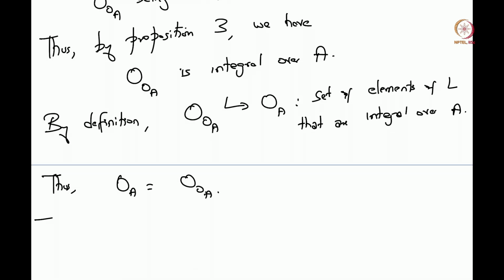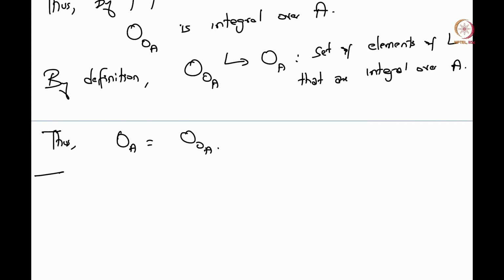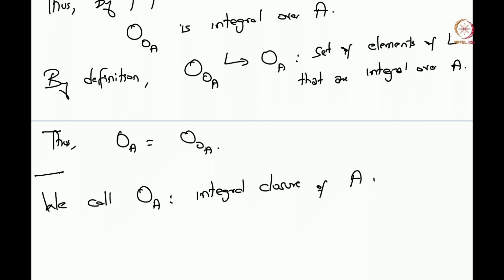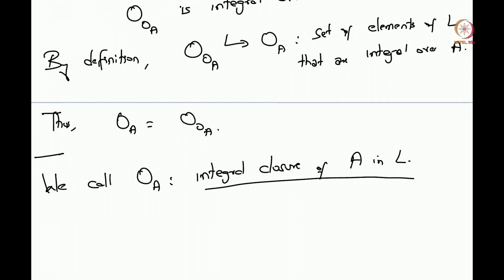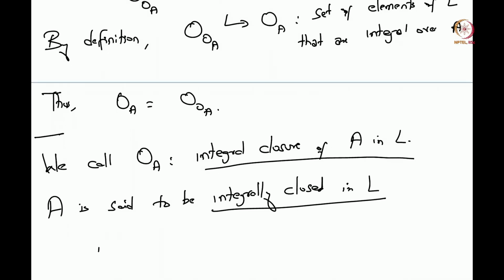Okay, so that completes the proof of the corollary, and I'll end with a definition. So we call O_A the integral closure of A in L. And a ring A is said to be integrally closed in L if you do this procedure.